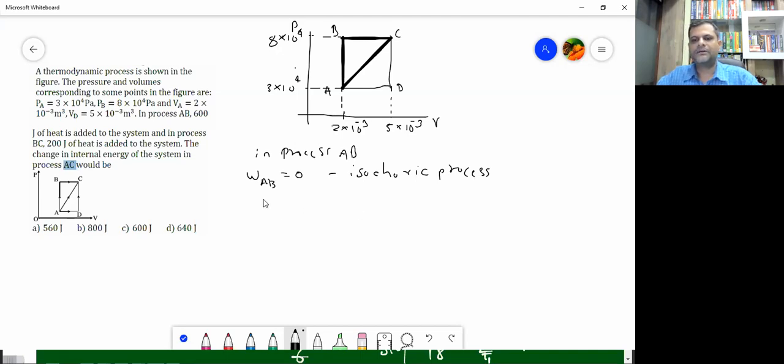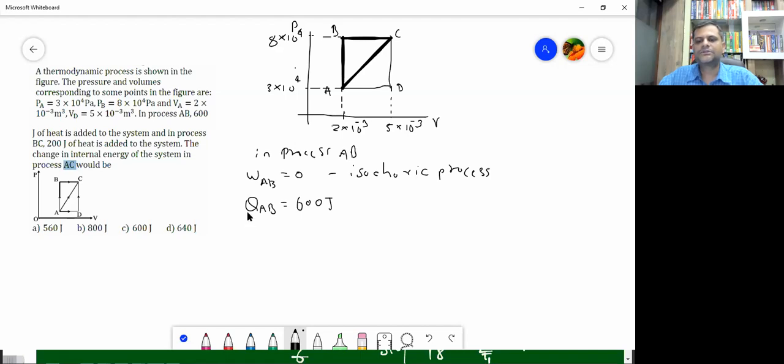Yes, and since the amount of heat added here is given to be 600 joules, देखो यहाँ पे क्या दिया हुआ है, 600 joules of heat is added to the system. That means dQAB, or you can say QAB, is going to be 600, and that is also positive because it is added to the system, right? And what about the change in internal energy in that case?